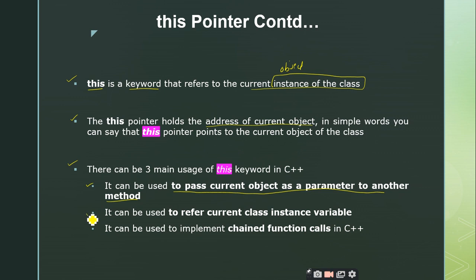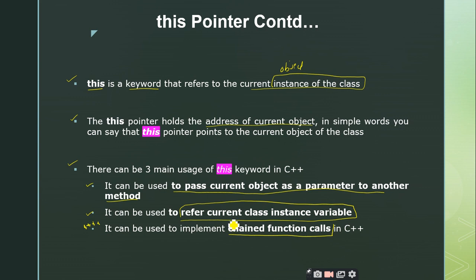And the second advantage we have with this keyword is it can be used to refer to the current class instance variable. The primary purpose of this pointer itself is it refers to the current object, right? And this is very important. The last usage of this keyword is it is used to implement the chained function calls.